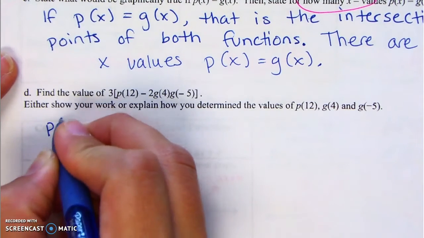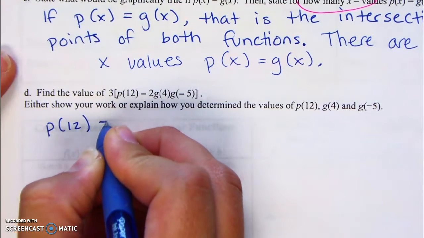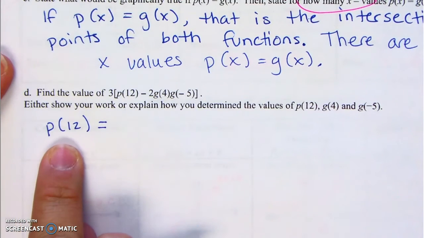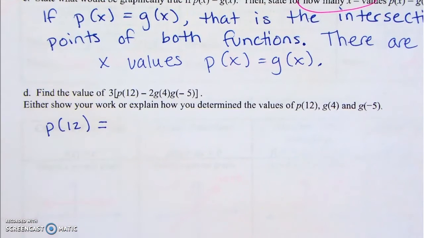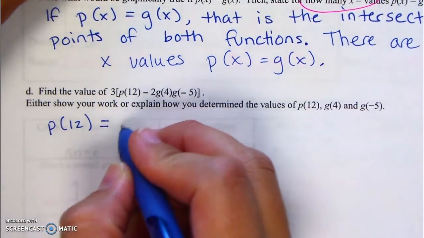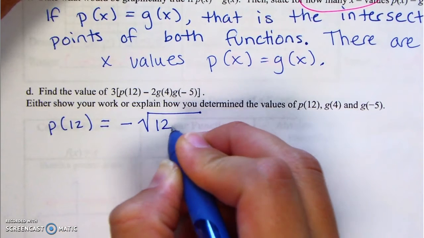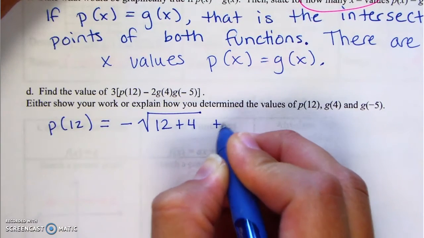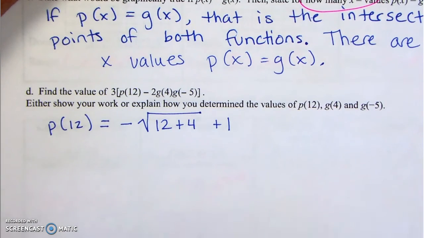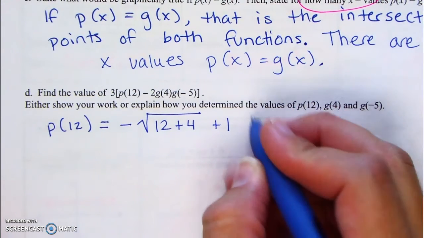Okay, let's find p of 12. Do we have an equation for p? Did they give us the equation? So I'm just going to plug 12 into that. I don't want to trust my graph. What if I graphed it wrong, you know? So let's do negative square root of 12 plus 4 plus 1. All right, so let's figure out p of 12.